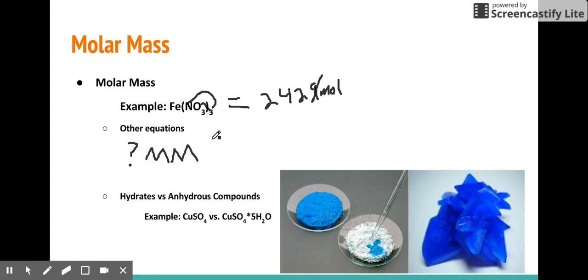If you are given density, density is mass divided by volume. So if you're given density, you have a special equation that you use to find an unknown molar mass, and we like to call that molar mass kitty cat.